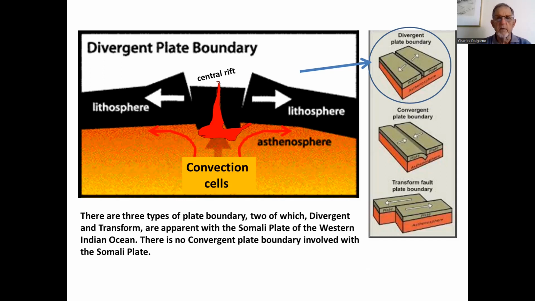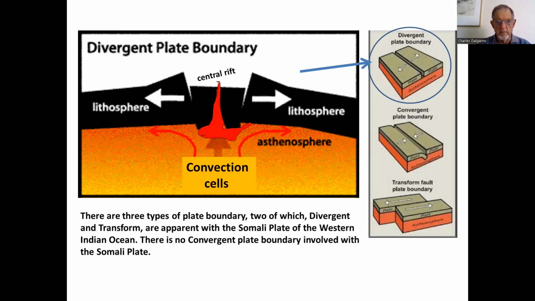The three types of plate boundary, and this is really the top of the three shown on the right-hand side, is a divergent boundary, and the second type are the convergent, where there's compression, and in this particular case, the oceanic plate would slide in underneath continent or ocean plate, giving you subduction.